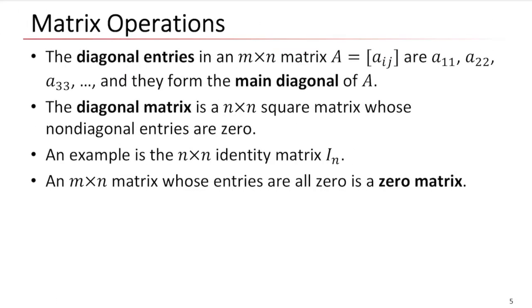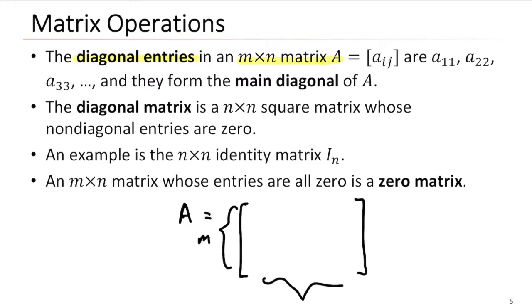Then what is the diagonal entry? What is the diagonal entry in the matrix A? Let's say there is an m by n matrix.